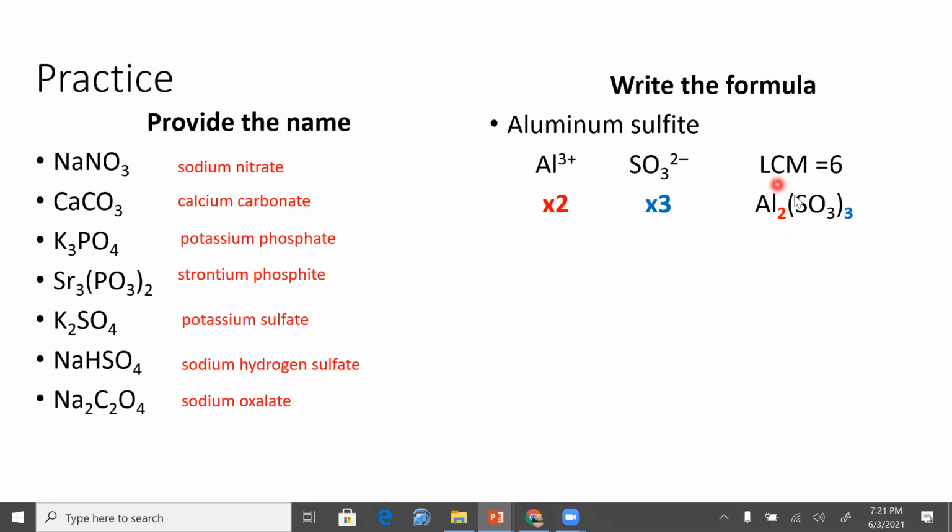Again, the charge on the aluminum comes down here. The charge from the sulfite comes down here. And if we look, each aluminum is a +3 and there are 2 of them. That gives us a +6. Each sulfite is a -2 and there are 3 of them. That gives us a -6. Compounds are always neutral. And they're always going to be neutral if we crisscross those numbers.